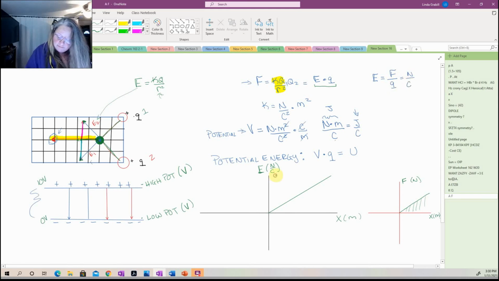You'll see that's what I have this labeled as. So my electric field is the amount of force that can be exerted per coulomb of charge that experiences that field. That's the other way to think about it.